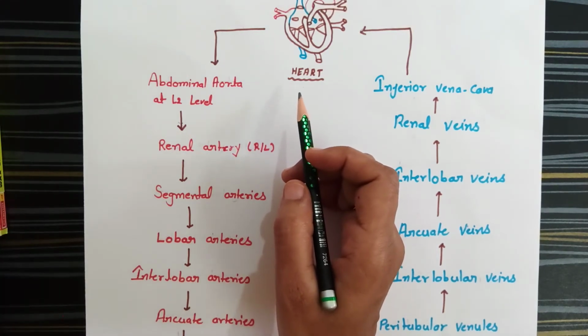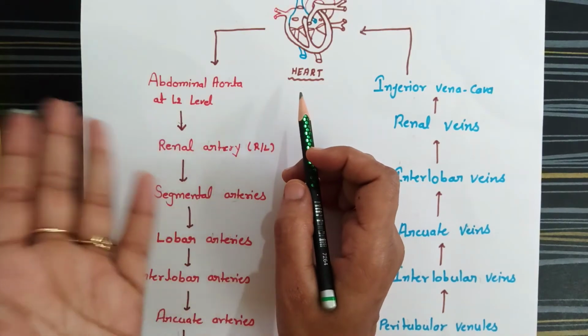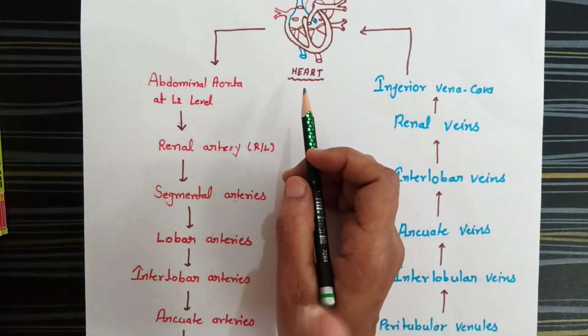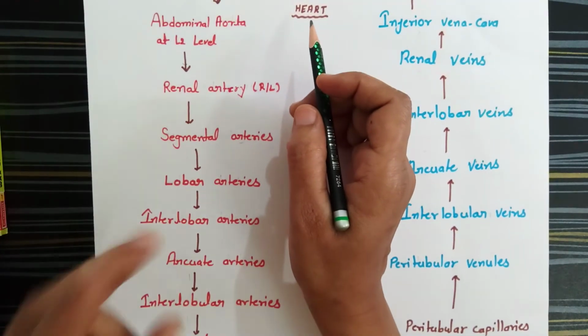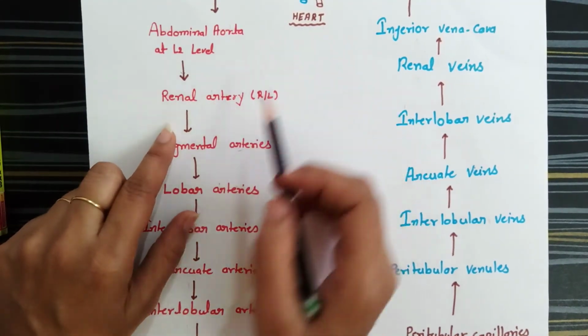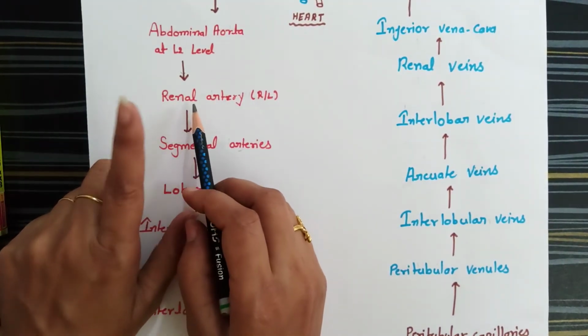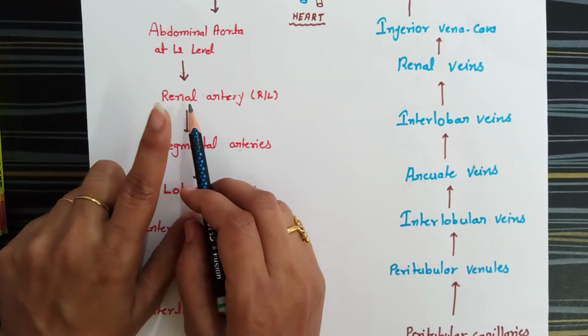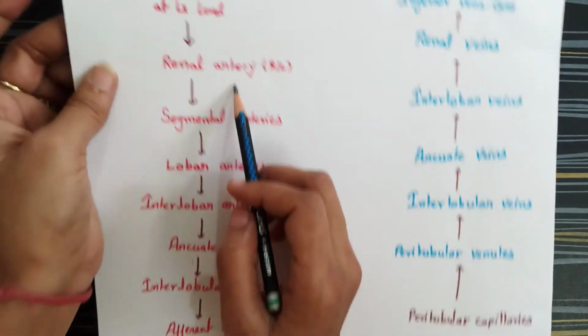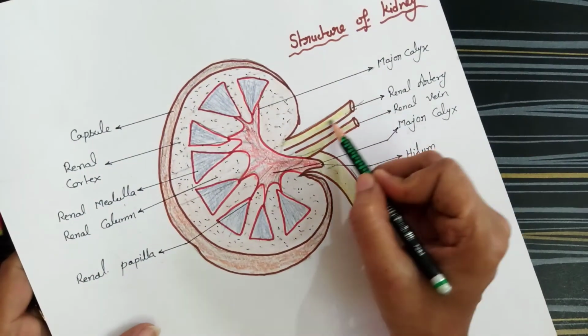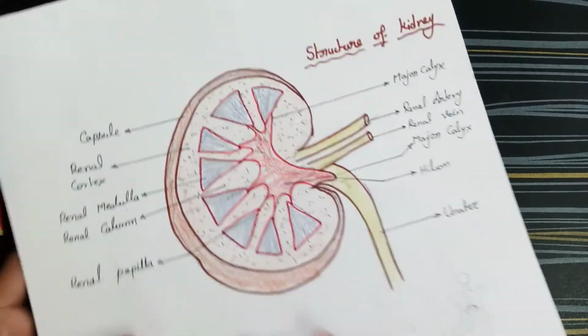This blood is supplied through the left and right renal arteries. There are two kidneys in our body, so there are two renal arteries, and from there blood is supplied into the kidney.